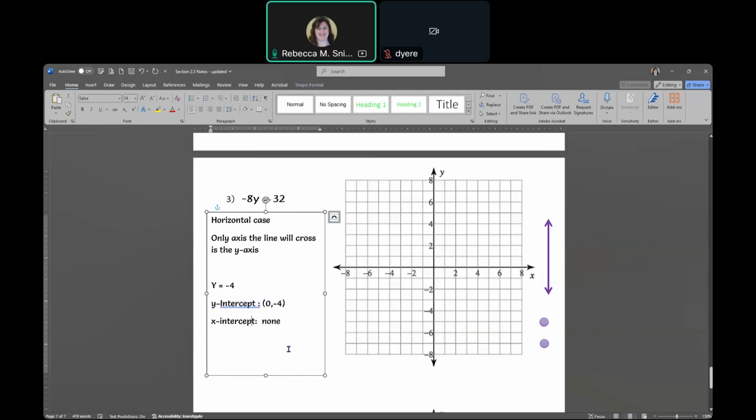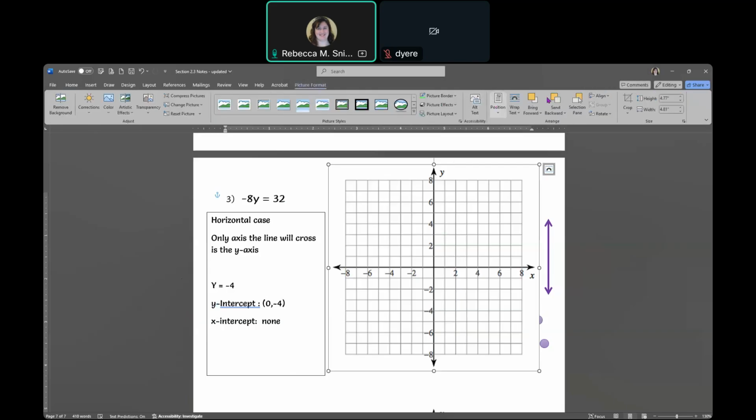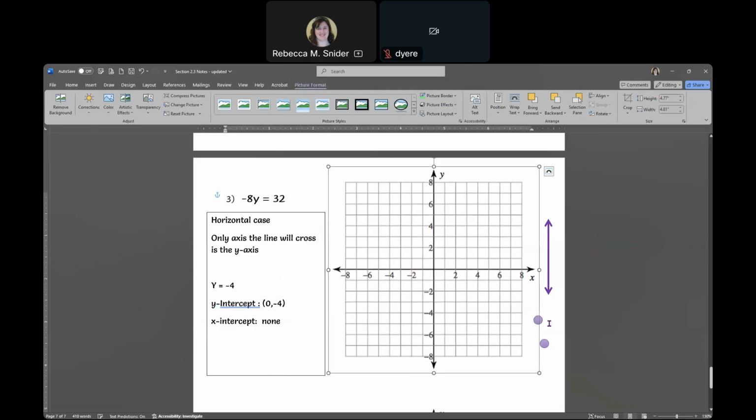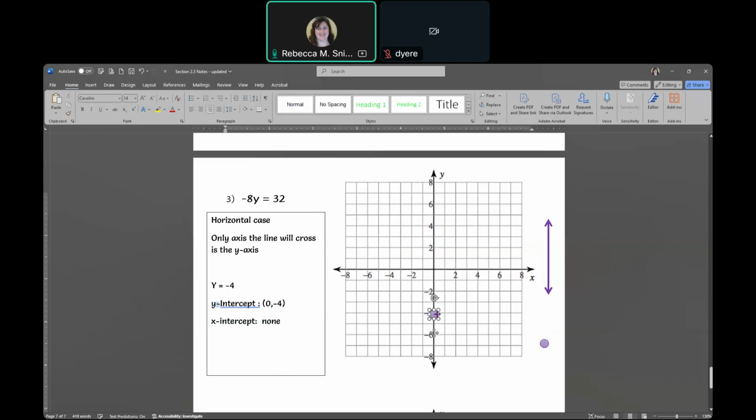So this will just be like that other example we did, where I'm going to do the same thing and move this to the back. Oops. So my point here is going to come right here at negative 4.